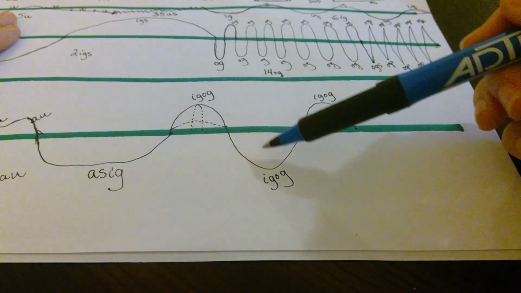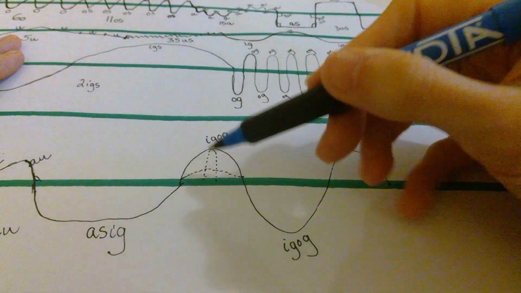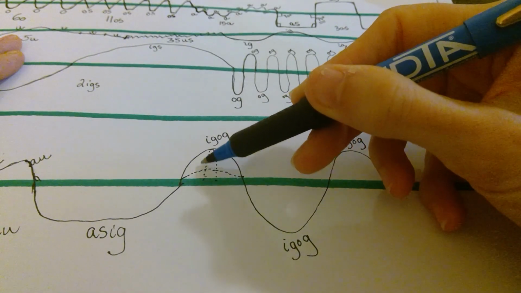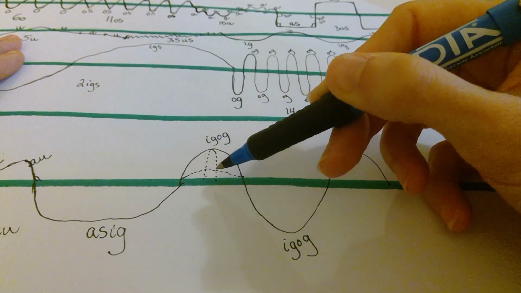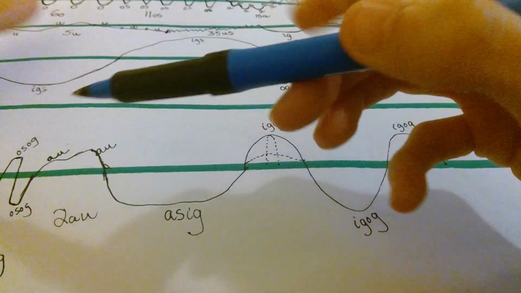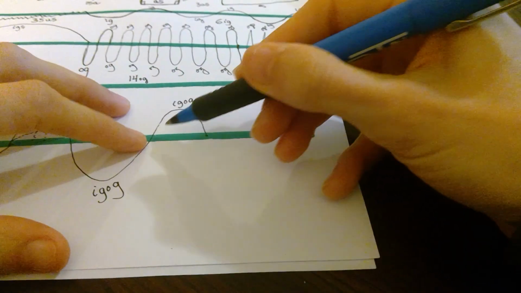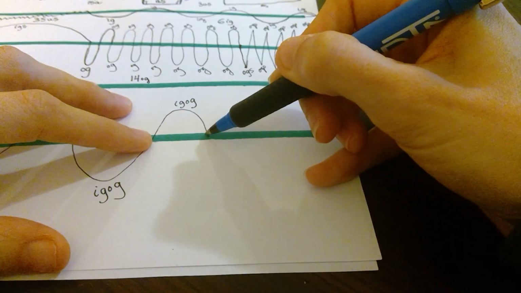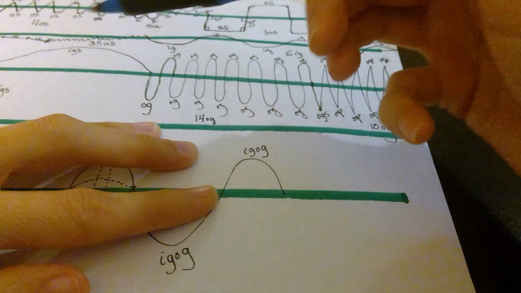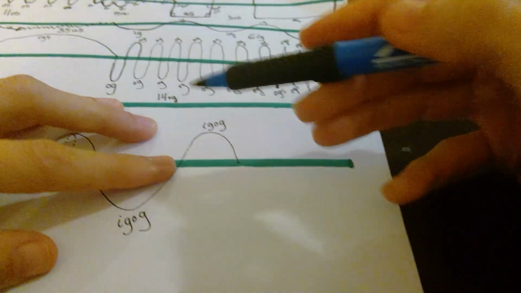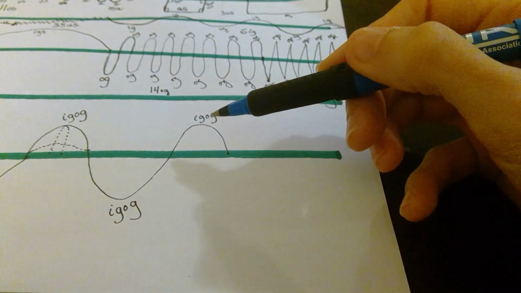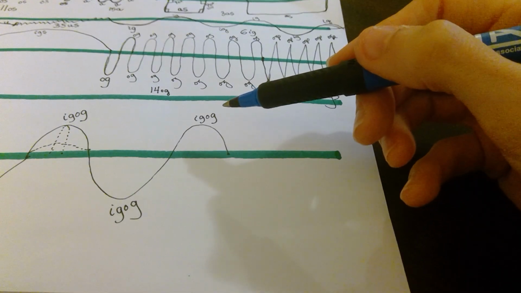So we call it the IGOG rhythm, but this logic that we used here is the same logic we'll use anytime we label a mixed rhythm. You'll look at the markings one at a time and look back at all of your pure rhythms and see which qualities are mixing together.